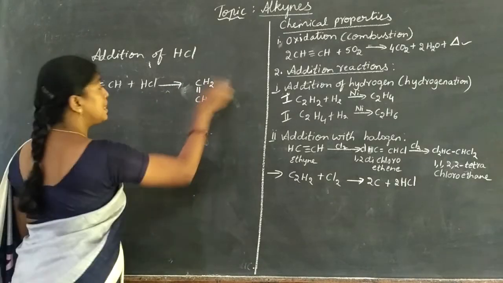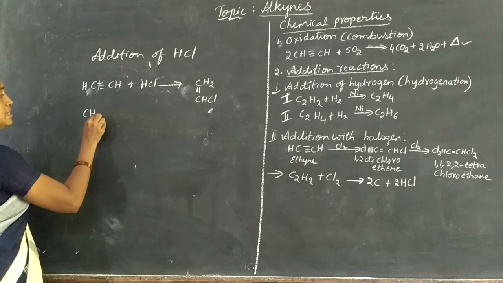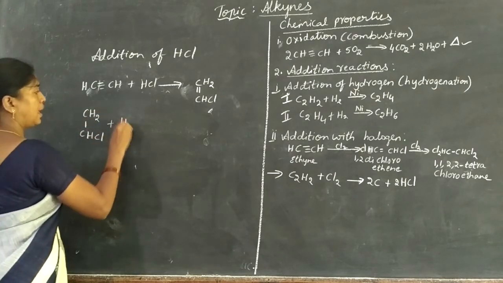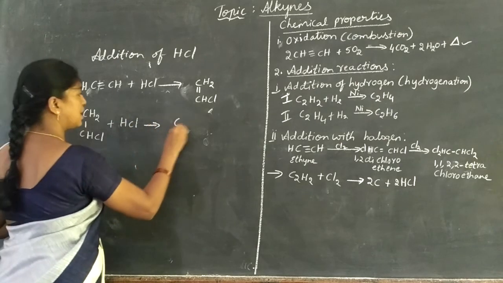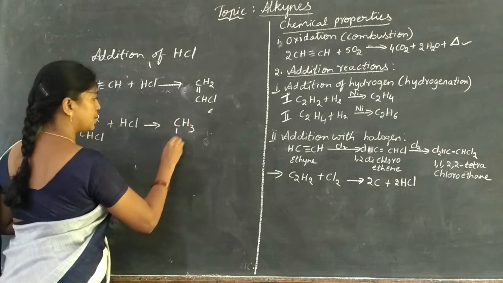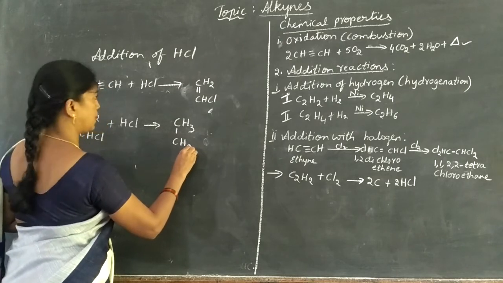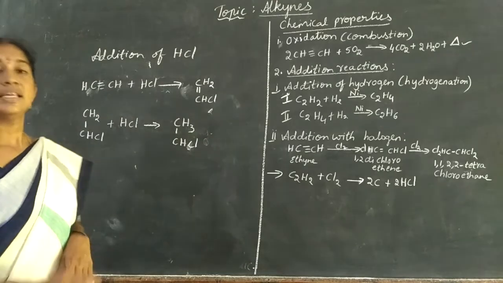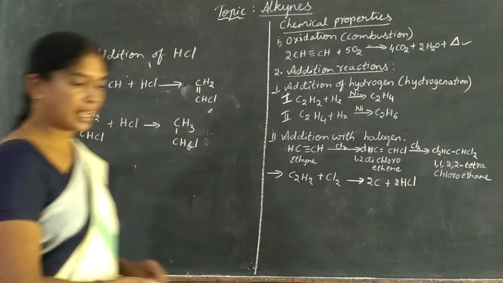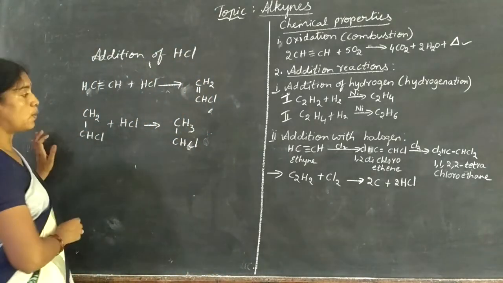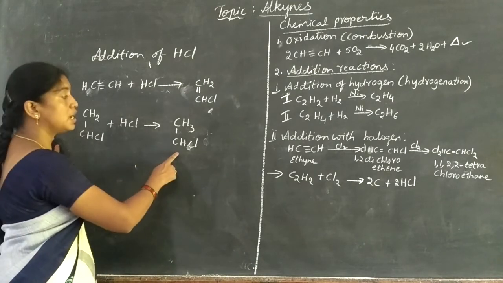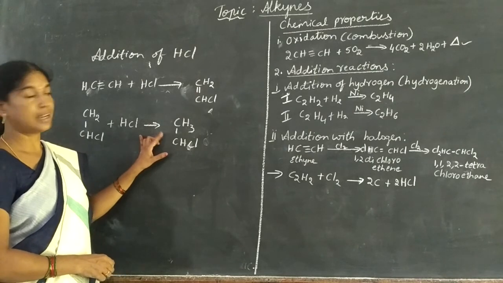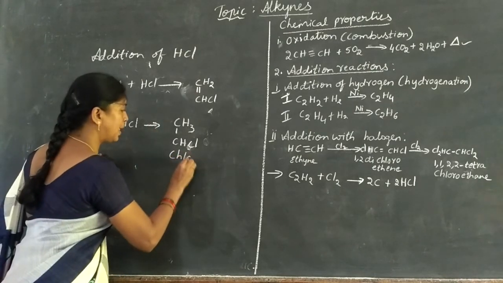And again in the second step, for this we will again add HCl. Again on adding HCl, it will become CH3CHCl2. Okay, CH3CHCl2 will be formed, and this is called chloroethane. Understand?